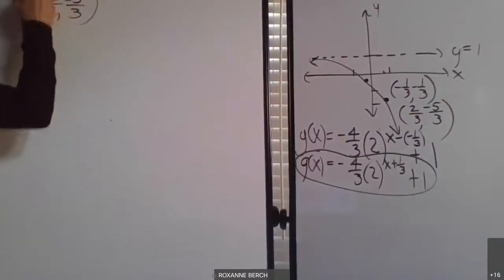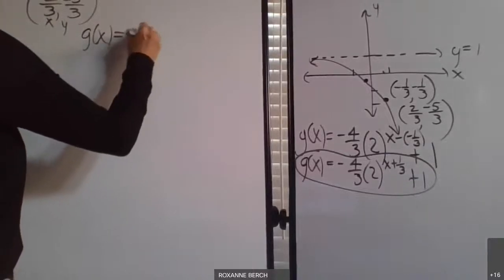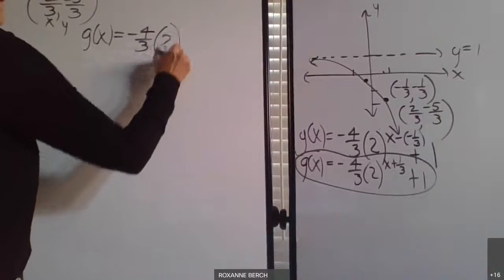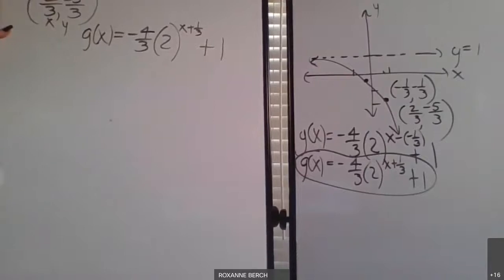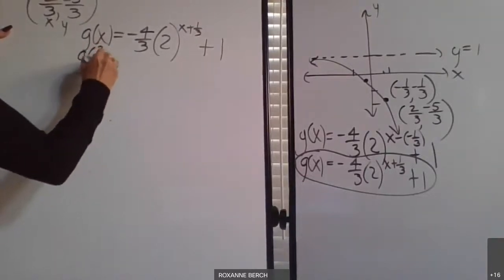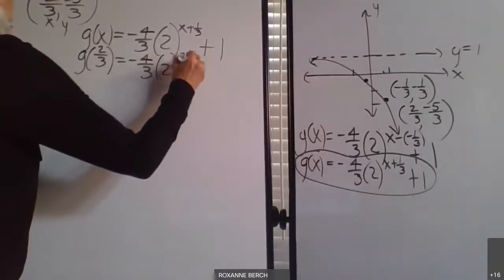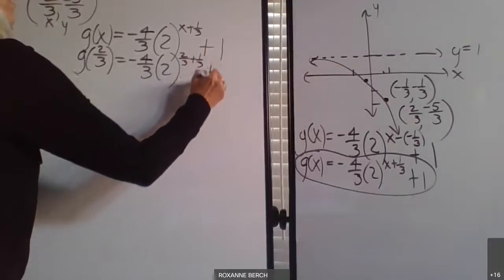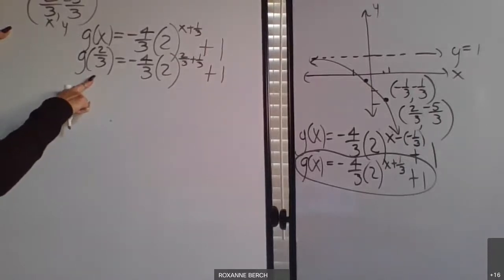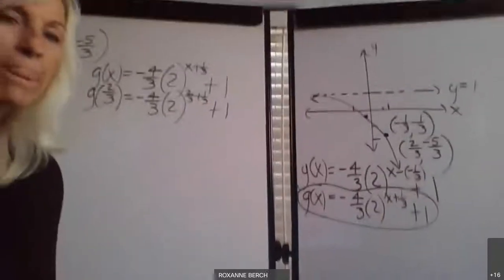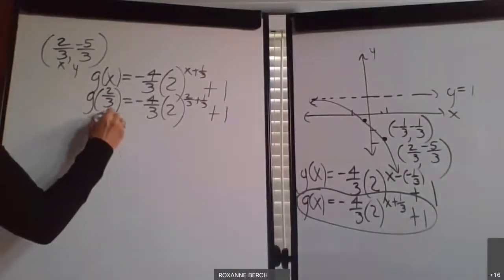I'm going to take our function that we came up with, and wherever I see an x, I'm going to put 2/3. This is y, correct? So I'm going to put -5/3 in there.